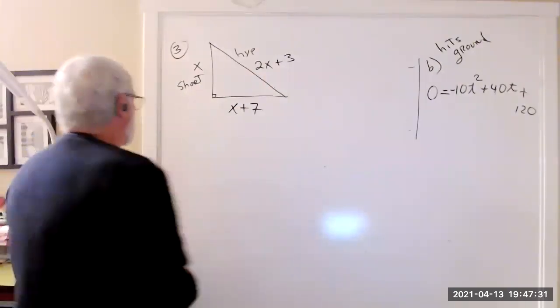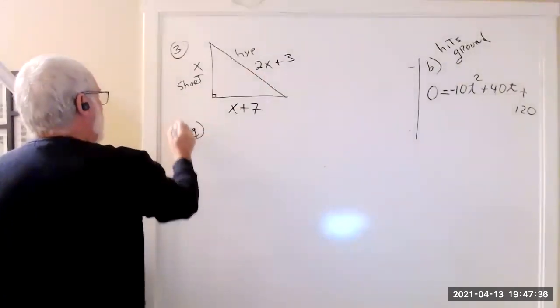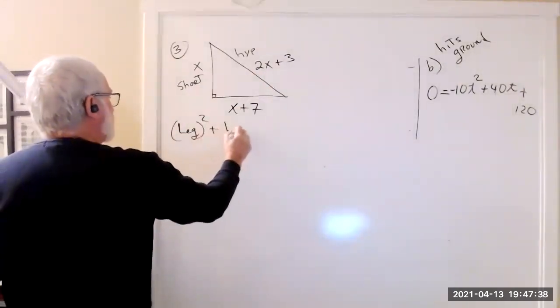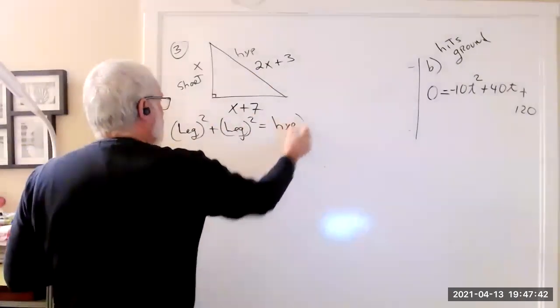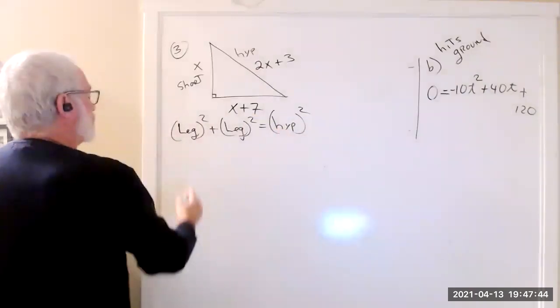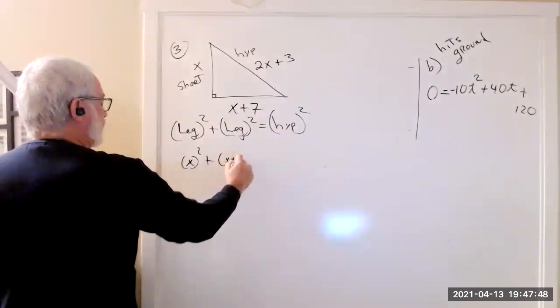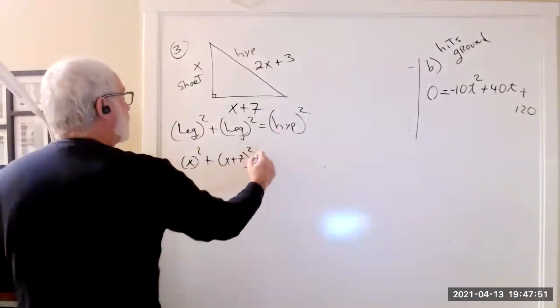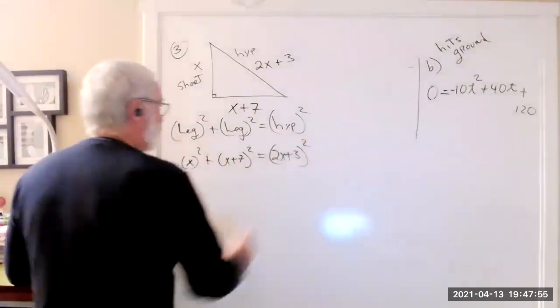Okay, then to use Pythagoras, recall the formula is leg squared plus leg squared equals hypotenuse squared. So it's x squared plus (x plus 7) squared equals (2x plus 3) squared.